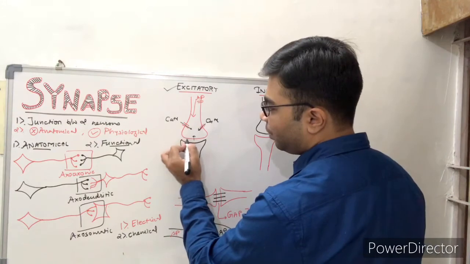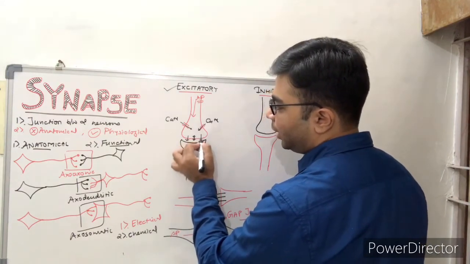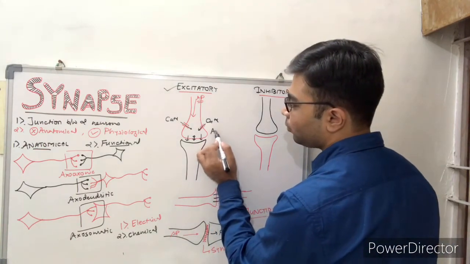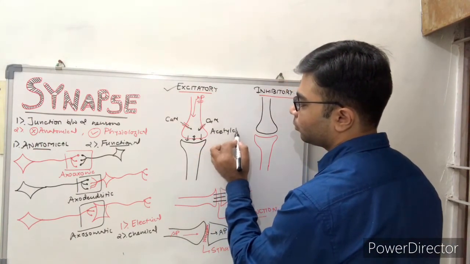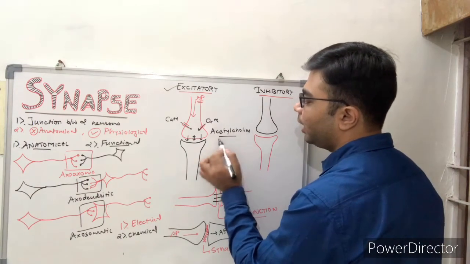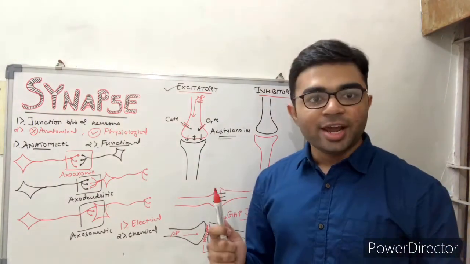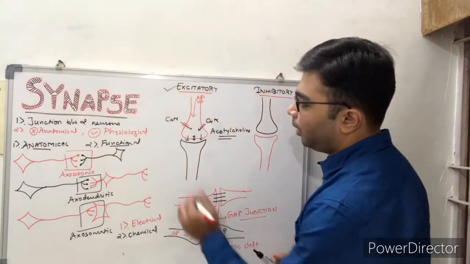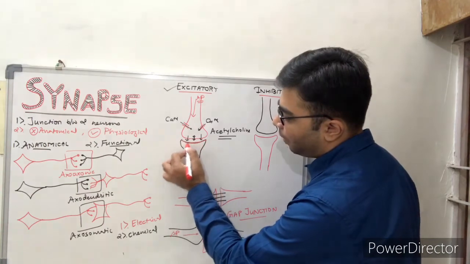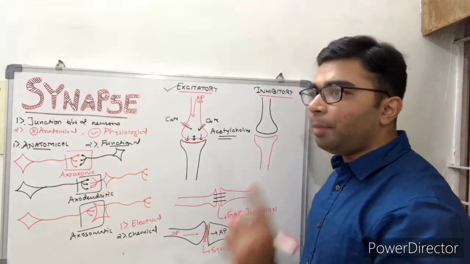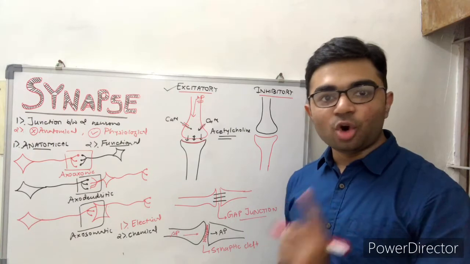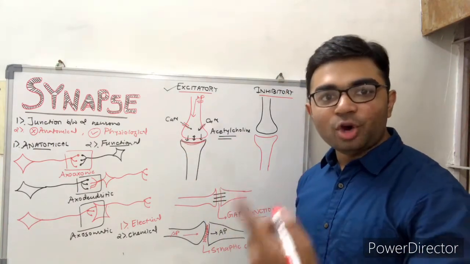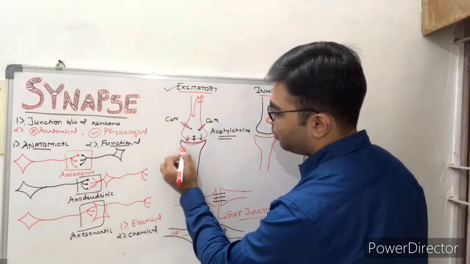Calcium channels will help in release of the neurotransmitter, and the neurotransmitter is released. Here I will take acetylcholine. Acetylcholine is an excitatory neurotransmitter. So when the excitatory neurotransmitter acetylcholine reaches the postsynaptic membrane, it will bind with the receptors present over the postsynaptic membrane, and ultimately there will be opening of the sodium channels.